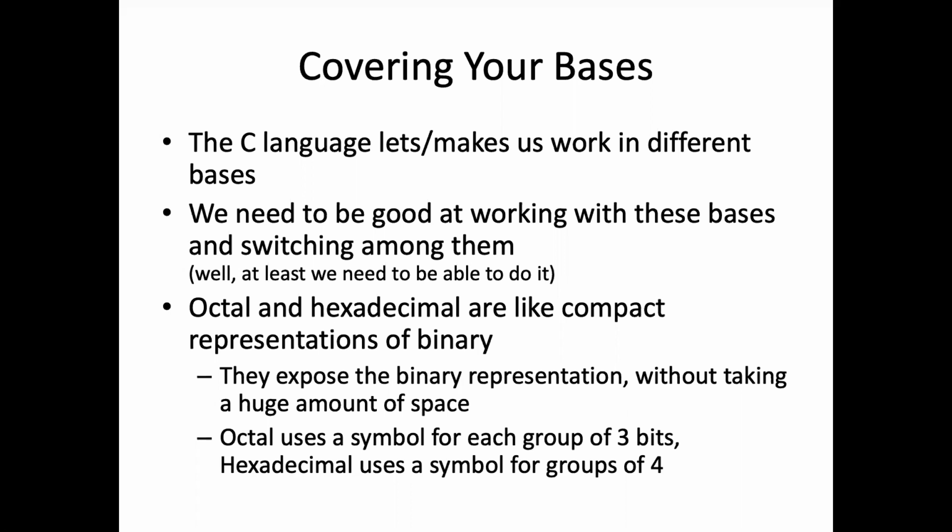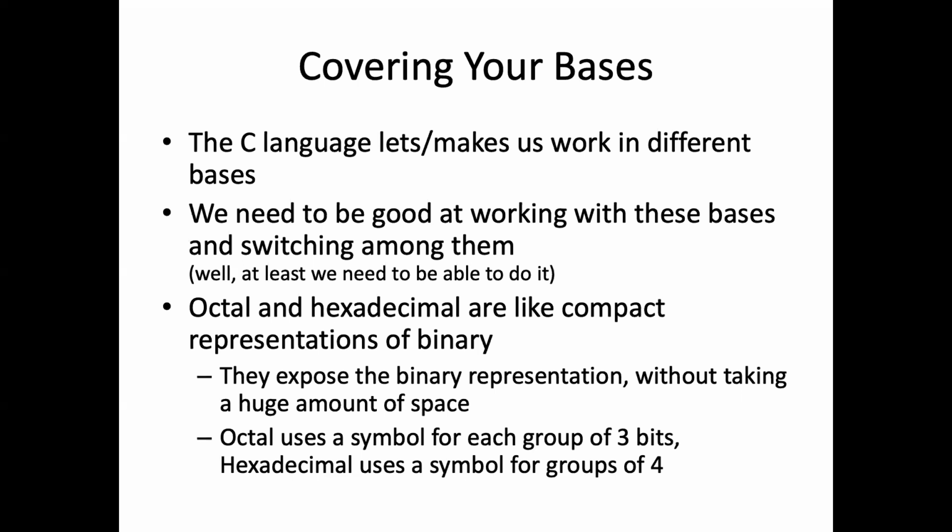So an octal value is like writing down a binary number 3 bits at a time. Hexadecimal is even more parsimonious. Every symbol in a hexadecimal number represents 4 bits. So you can think of these as compressed, shorthand ways of writing down binary numbers.